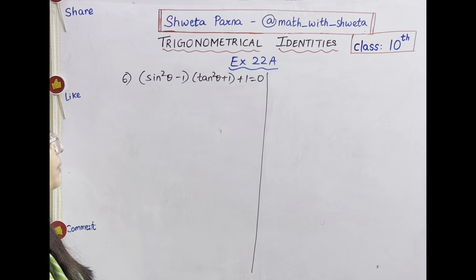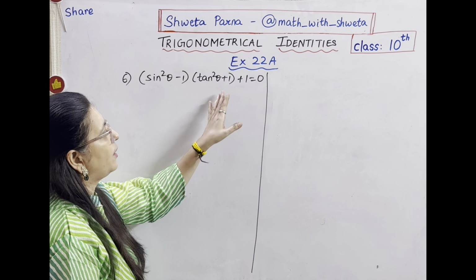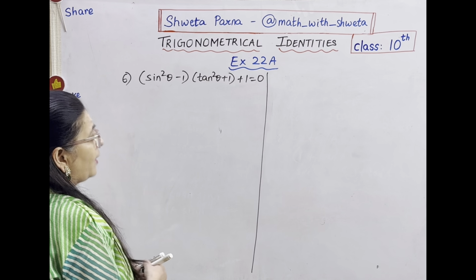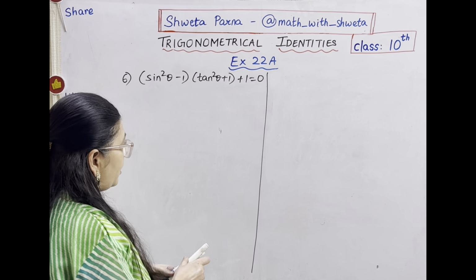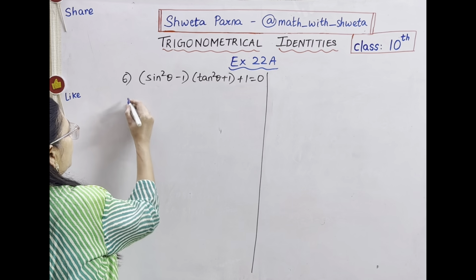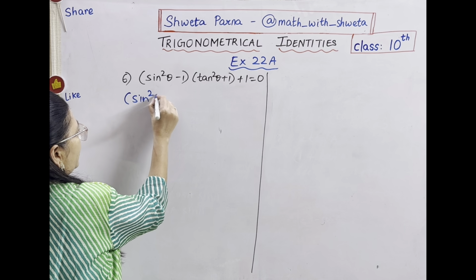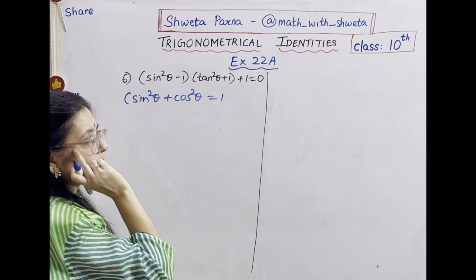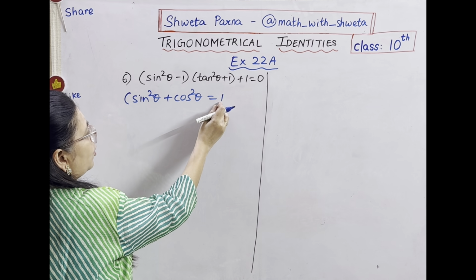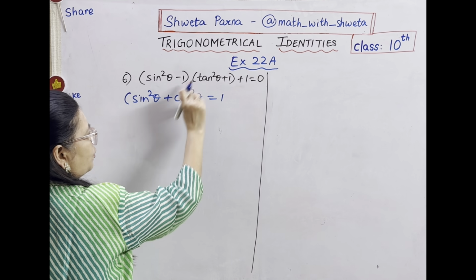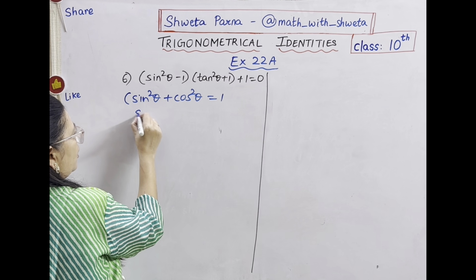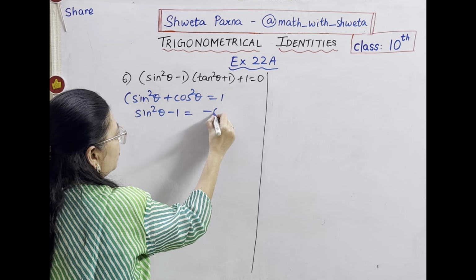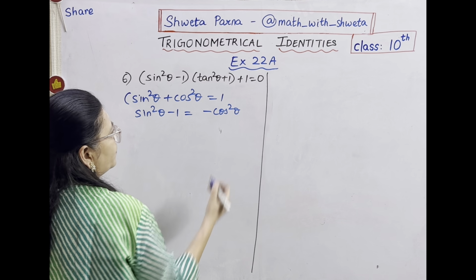(Sin square theta minus 1) into (tan square theta plus 1) is equal to 0. Now, sin square theta and 1. Can you remember what is the relationship? The relationship is sin square theta plus cos square theta is equal to 1. Now I want to bring 1 to this side, so cos square theta will go to the other side. So sin square theta minus 1 is equal to minus cos square theta.